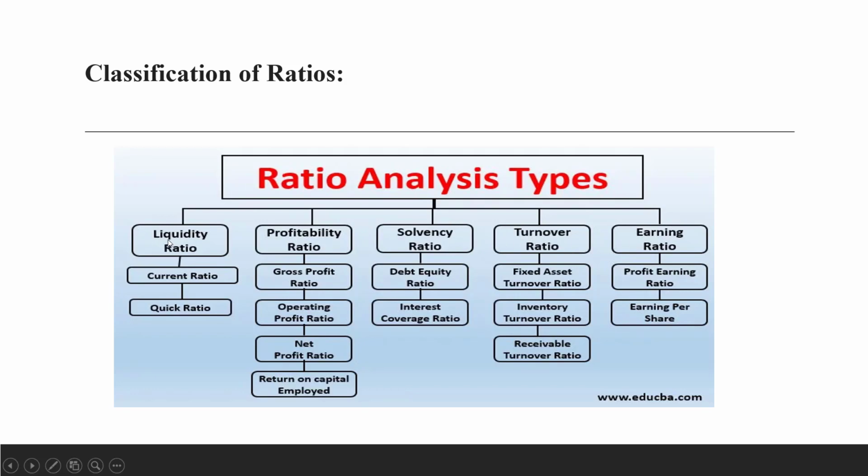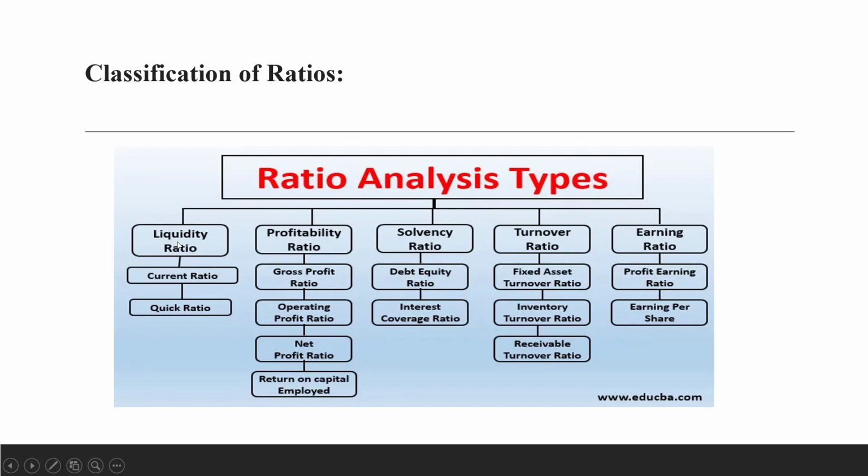Now under this liquidity ratio we have 2 types of ratios which have to be calculated, that is the current ratio and the quick ratio. Liquidity ratios are those ratios which can be utilized by the firm to convert to cash in a shorter period of time.